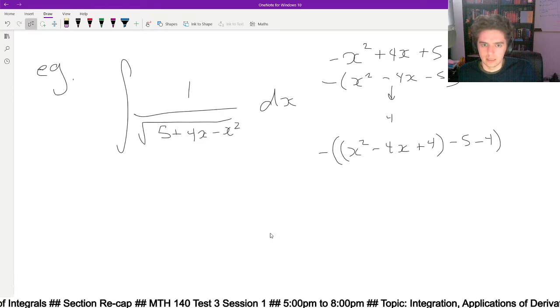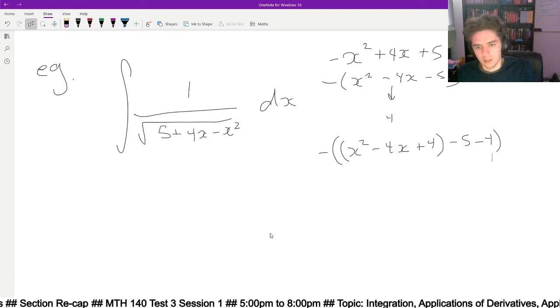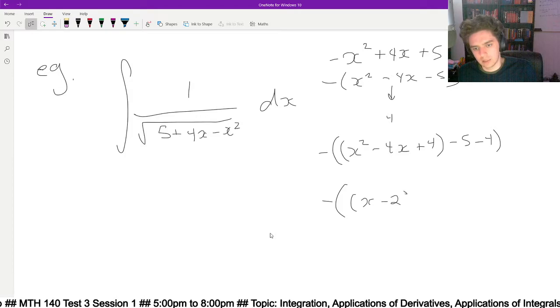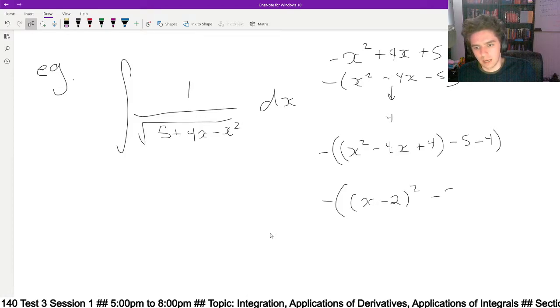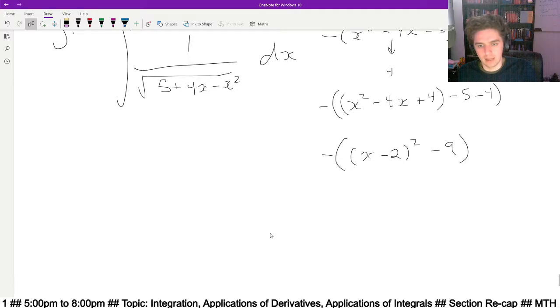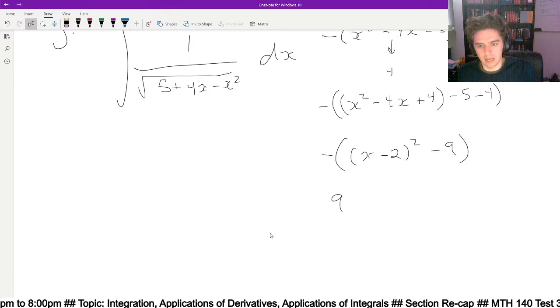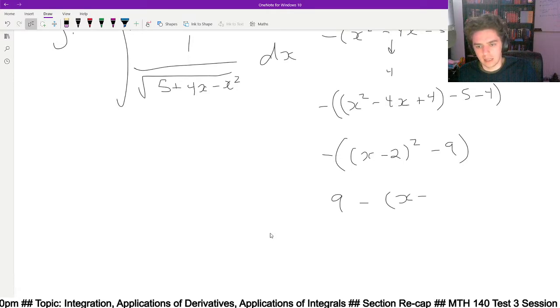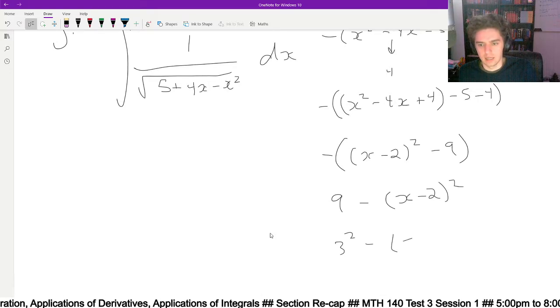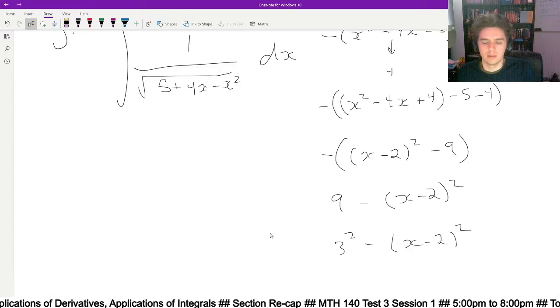And so it'll be negative 2 and negative 2. So this is going to end up being negative x minus 2 squared minus 9. Right? And that'll finally end up being 9 minus x minus 2 squared. Or in other words, 3 squared minus x minus 2 squared.